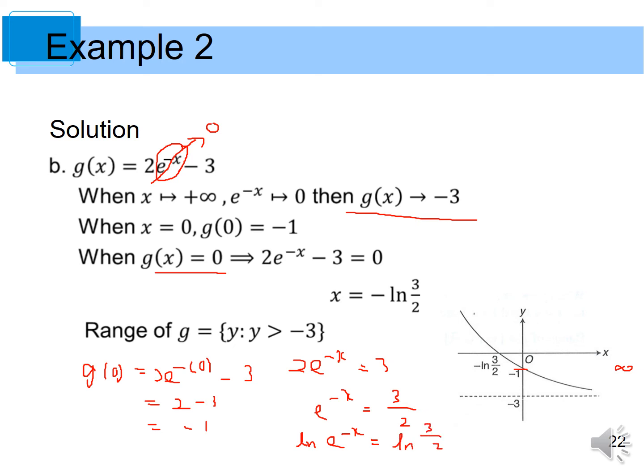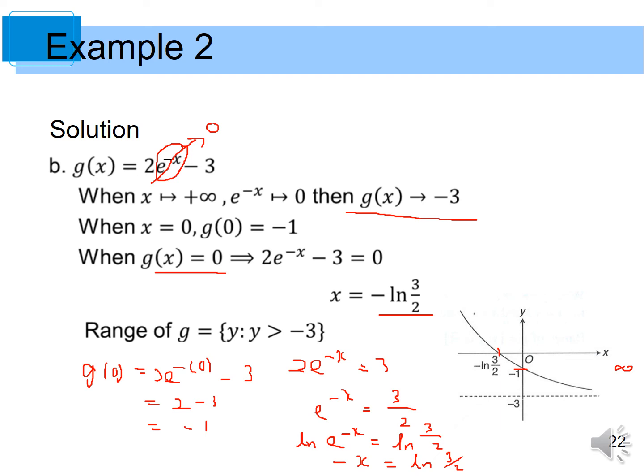So can be written as negative x equal to natural log of 3 over 2. And you solve the x. So now we have negative natural log of 3 over 2.